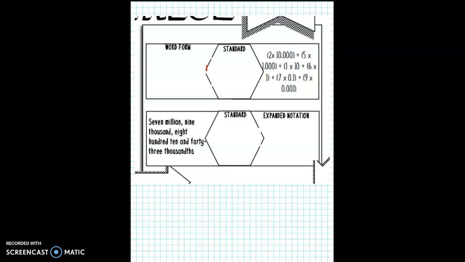I like going first into standard form, then writing it into word form. So standard form of this number is 25,016,709. Word form, 25,000, 16, and 709 thousandths.